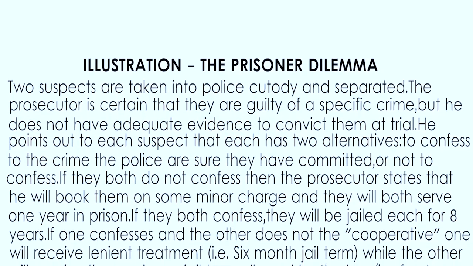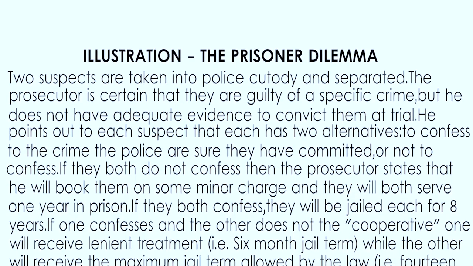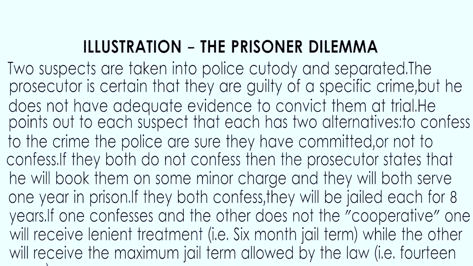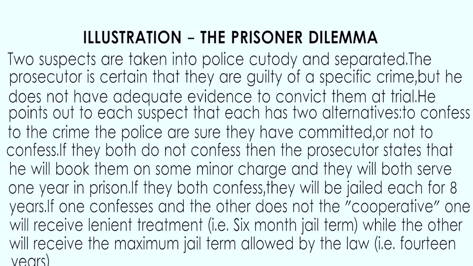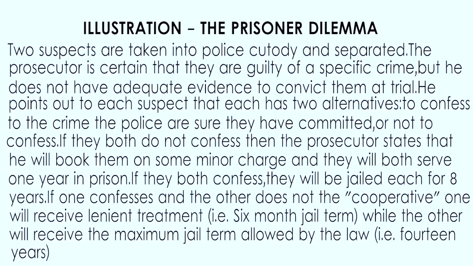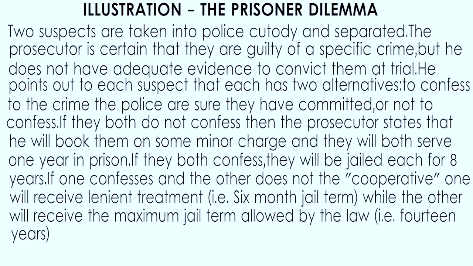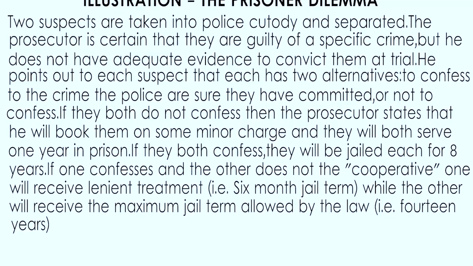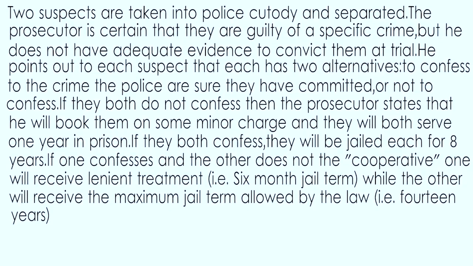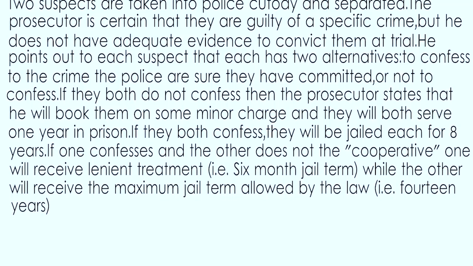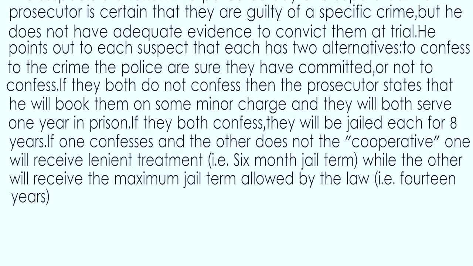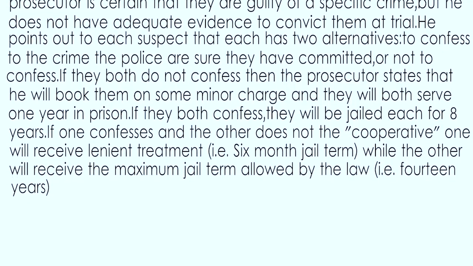If you both do not confess, the prosecutor will book them for minor charges where the jail term is 2 years in prison. If you both confess, you'll be jailed for 8 years.